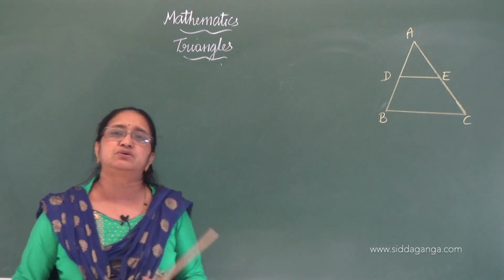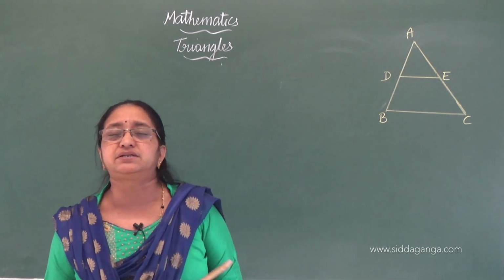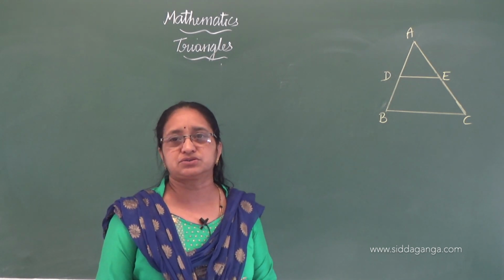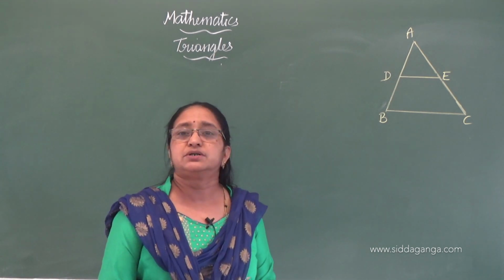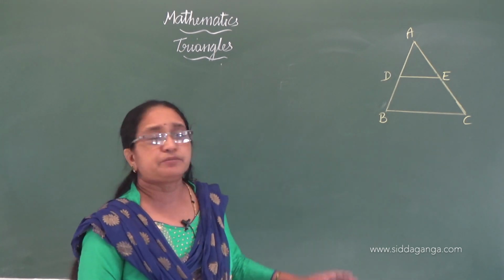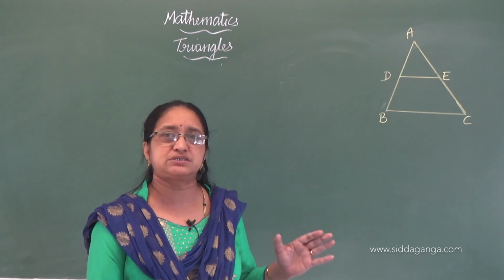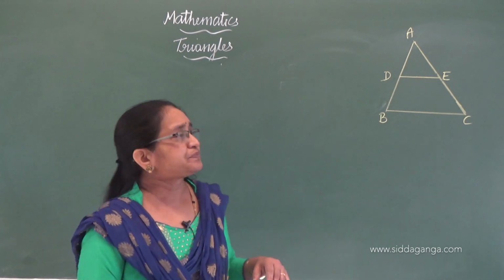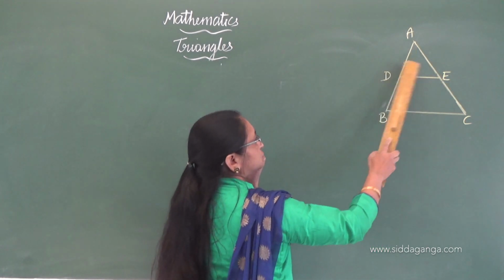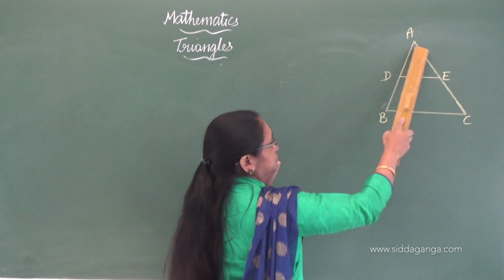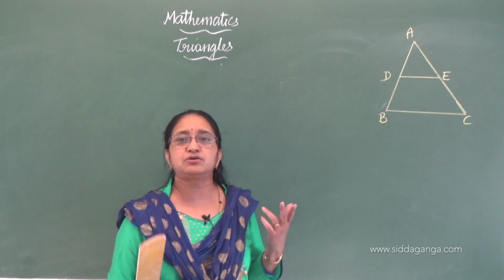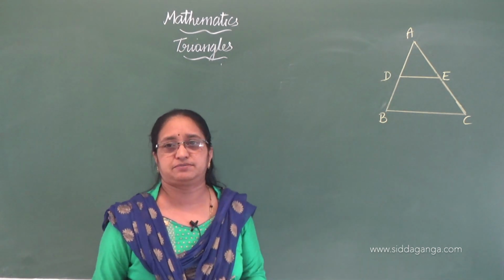As you know, you have learnt converses of many theorems in 9th standard and also in other geometry chapters in 10th, correct? What does the converse of BPT say? If a line divides the 2 sides of a triangle in the same ratio, then DE is parallel to BC. You have to prove DE is parallel to BC.